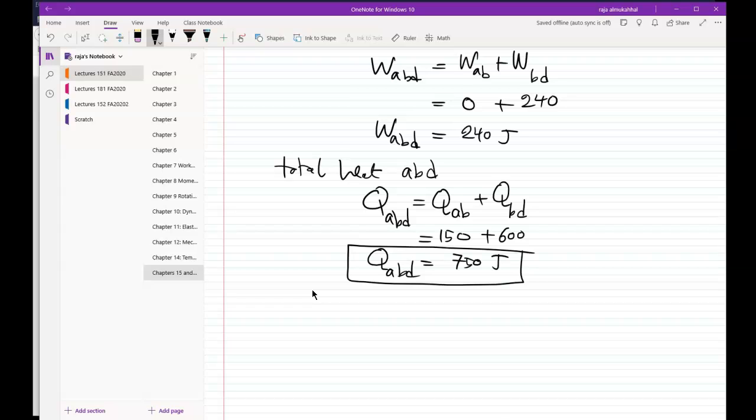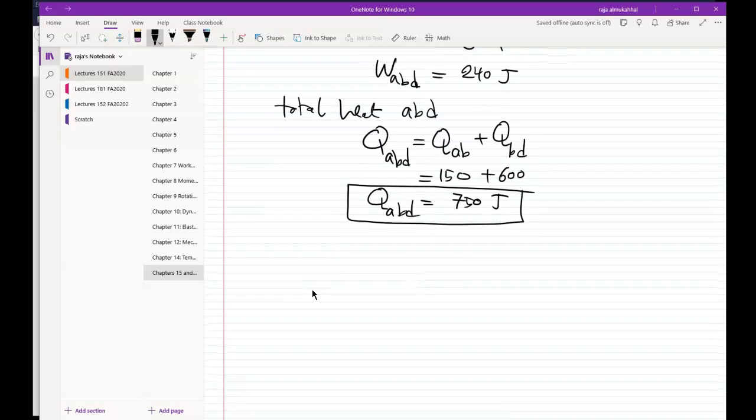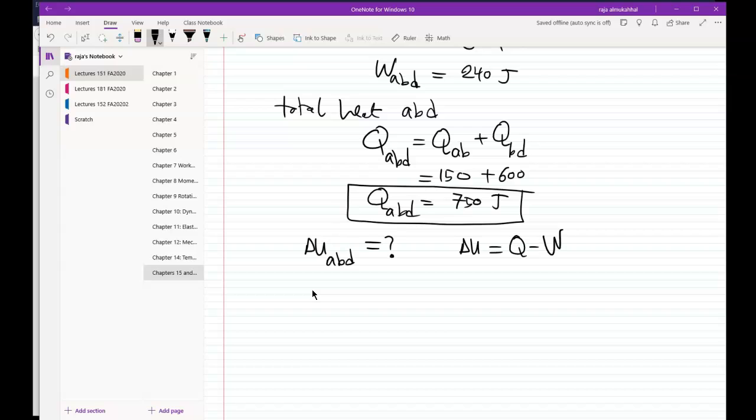Now, what is the total internal energy ABD? Well, I can just go back to my first law. It says the internal energy change is Q minus W. For our case, the total internal energy change ABD is equal to the total heat added ABD minus the work ABD.